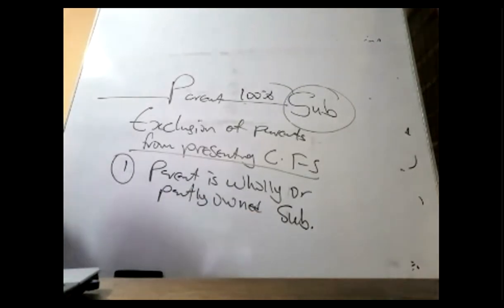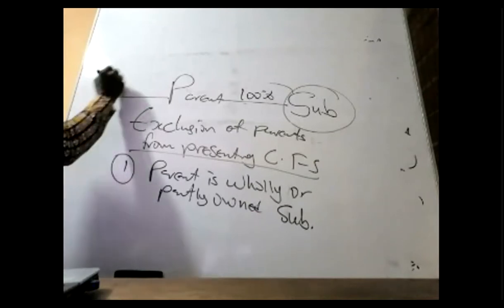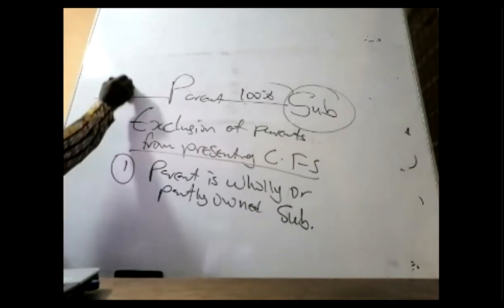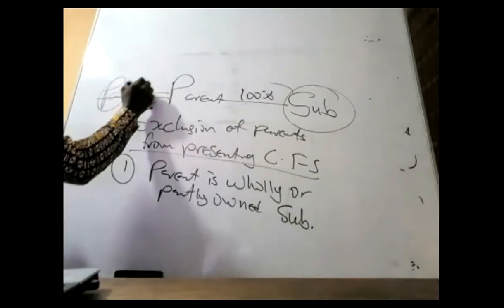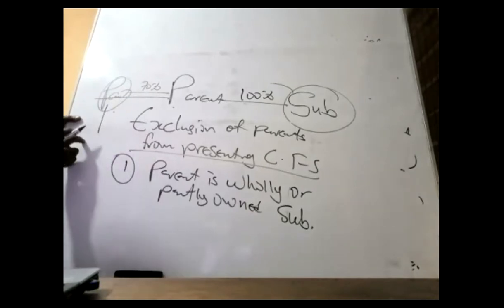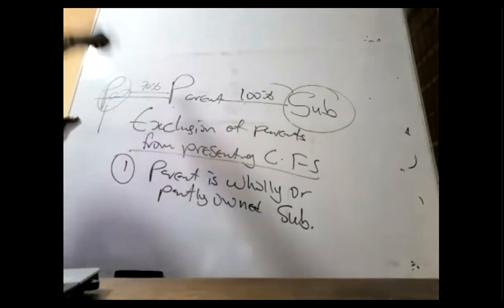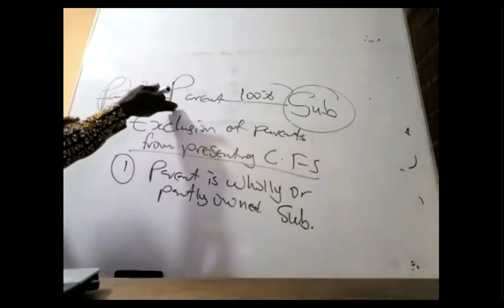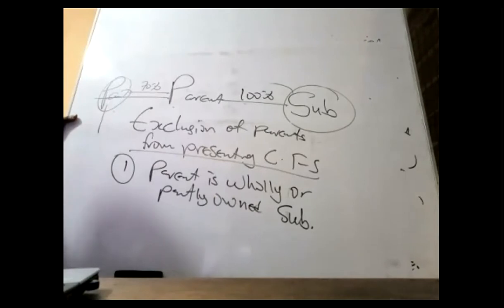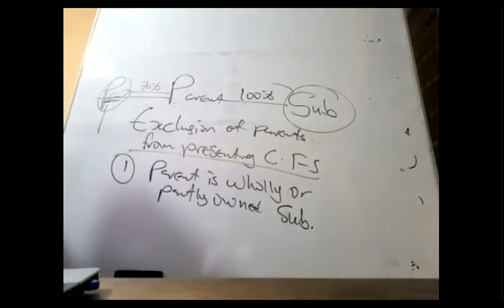The parent itself is also a subsidiary, so there's an ultimate parent here who owns this maybe 70%. If the ultimate parent is preparing consolidation, you will not be allowed to prepare, because the overall parent is preparing. However, in a situation where these parents are not preparing, they will allow you to prepare. So take note of that.